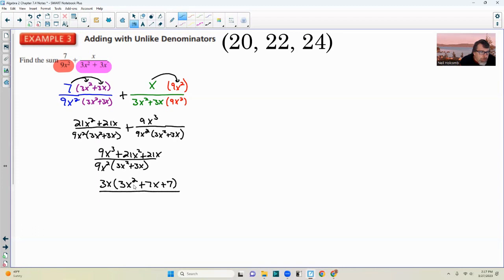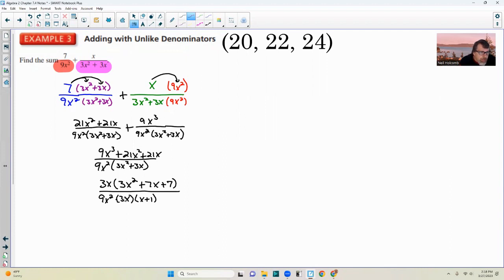All over. And this here, I can factor out. So I can leave that 9x squared by itself. And I can factor out a 3x. So let me put it in parentheses. If I factor out a 3x here, I'm going to get x plus 1.